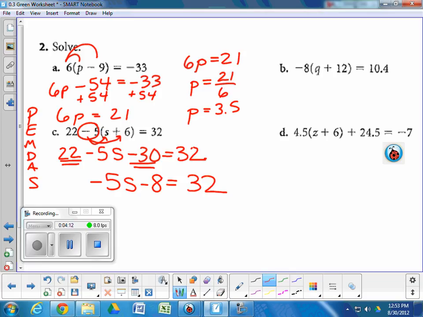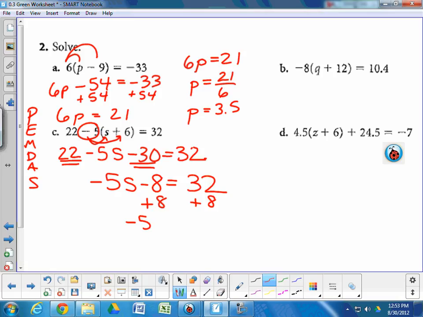We don't want to divide out that negative 5 yet until we add 8 to both sides. The common mistake is to forget that 5s has this minus sign attached to it. When you do 22 minus 30, this negative sign still belongs to the 5s. Keep it there. This equals negative 40, 32 plus 8.